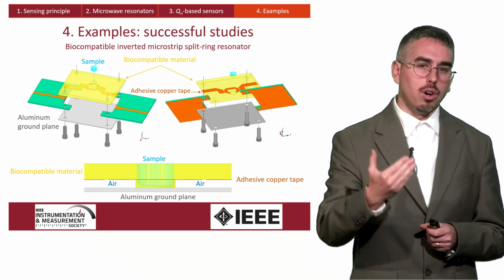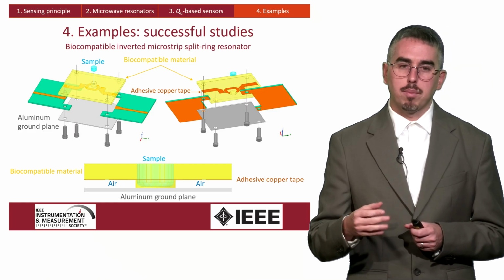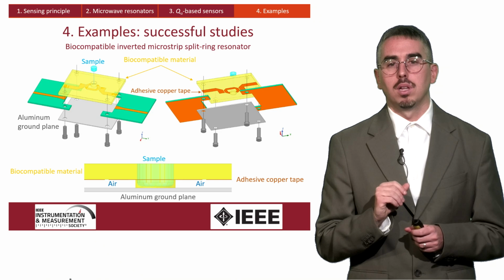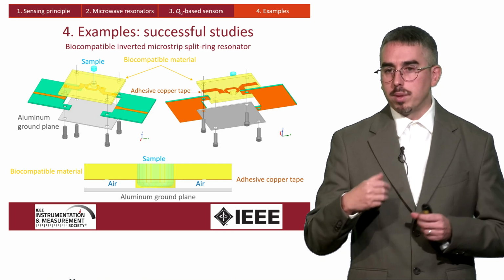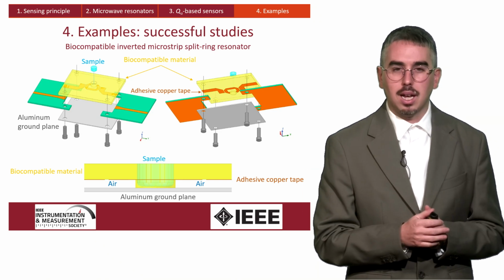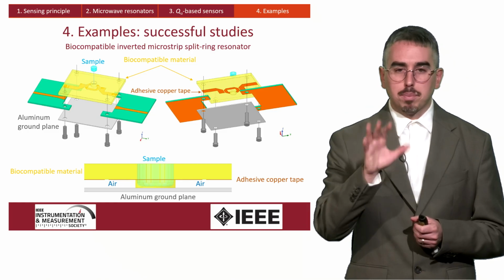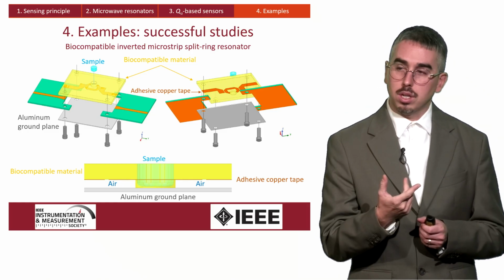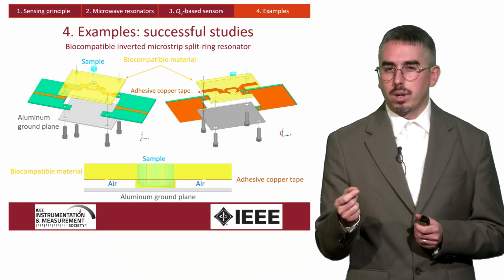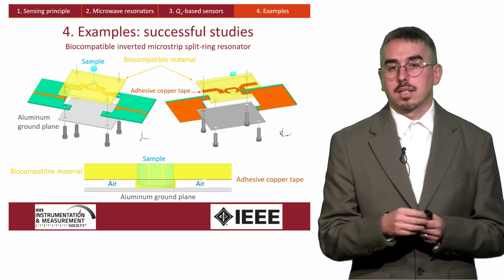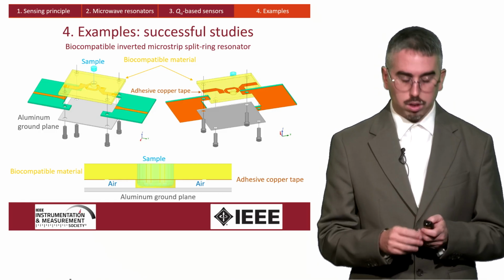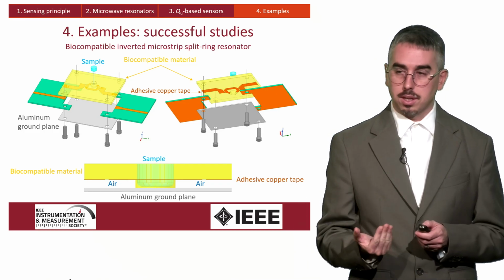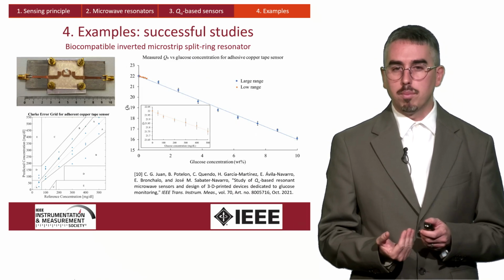Going a step beyond, implementations have been proposed using certified biocompatible materials ready to be used for biomedical applications. In this particular case, an implementation based on inverted microstrip with a single split ring resonator having air as virtual substrate was proposed, and it was proved effective for increasing the sensitivity remarkably.